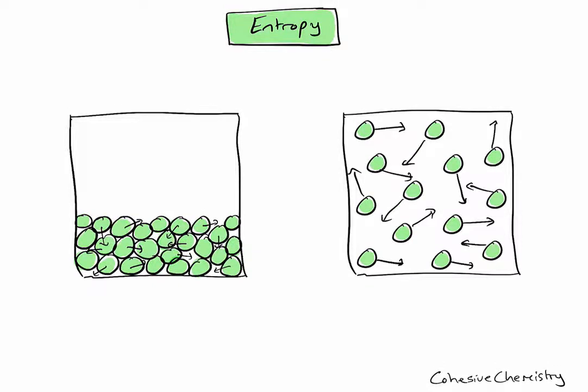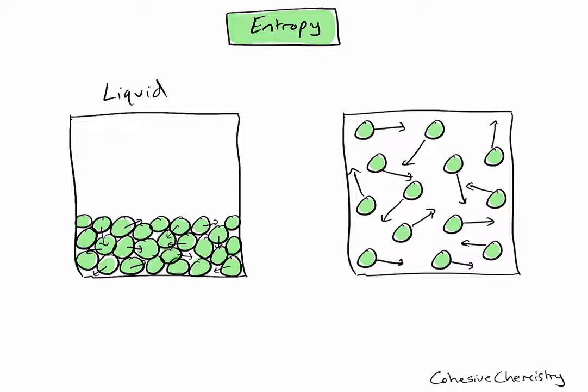So to compare the disorder in these 2 systems, I need to think about how many possible arrangements there are for the particles in each case. So in my liquid, my particles are moving slower and they are limited to a smaller area of space in the bottom of the container.